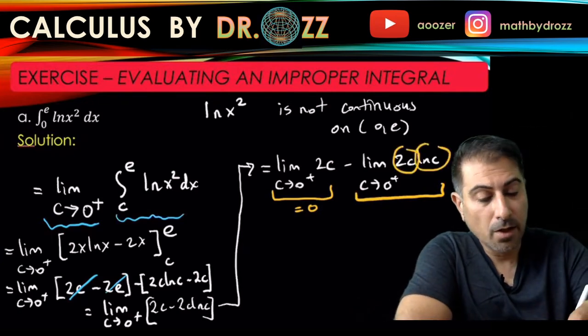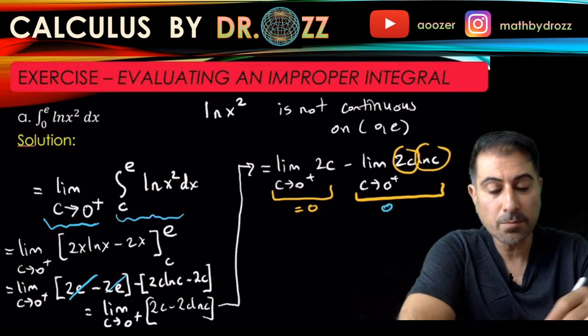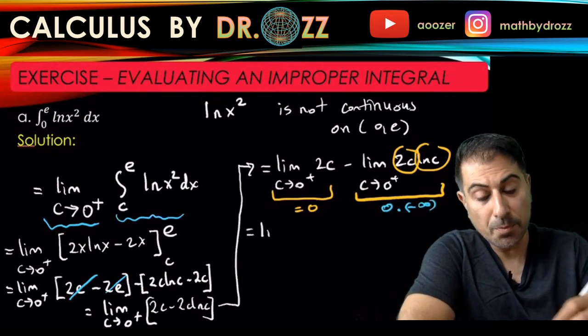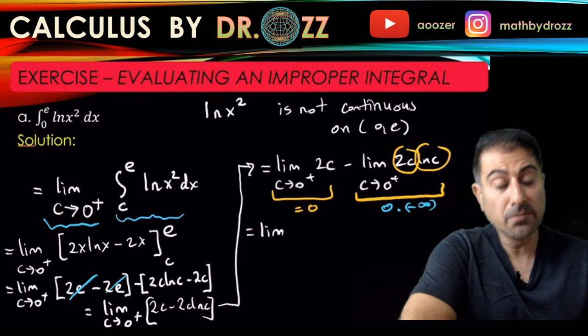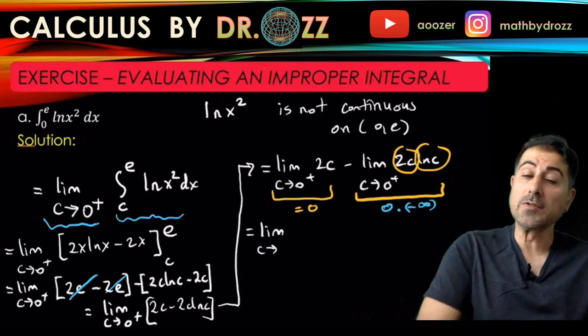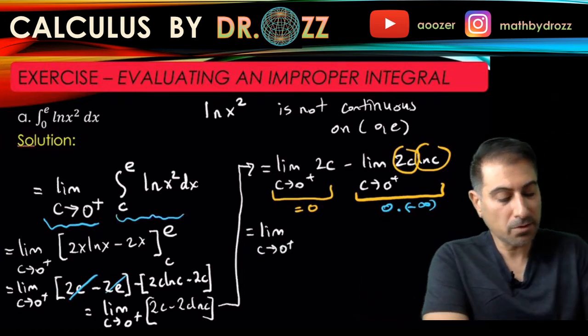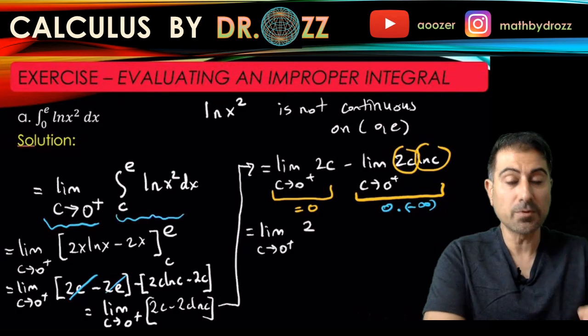So it's almost like a 0 times negative infinity type indeterminate form. To handle that, if you remember L'Hopital's rule, to be able to use that, I have to convert this to either 0 over 0 or infinity over infinity type indeterminate form. So I'm going to leave 2 ln c here, and write c as 1 over 1 over c.